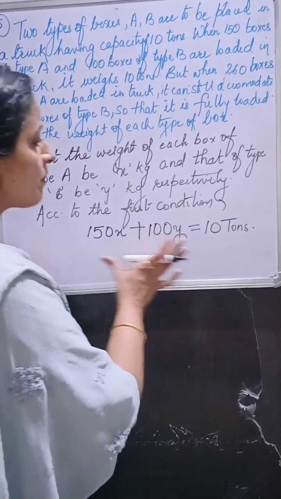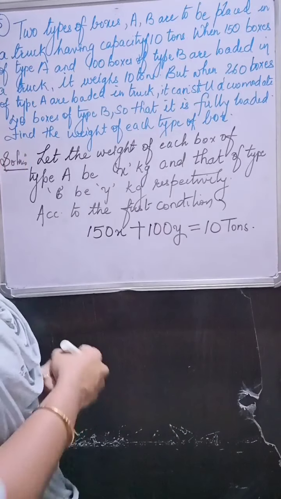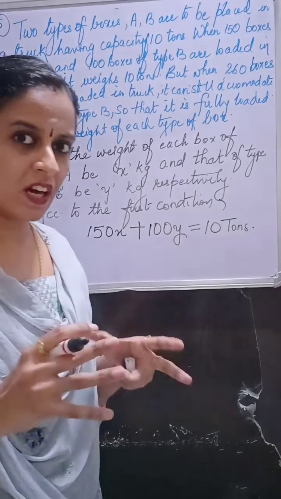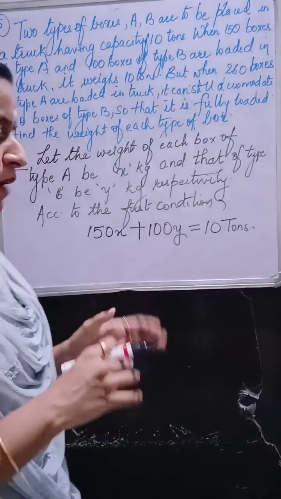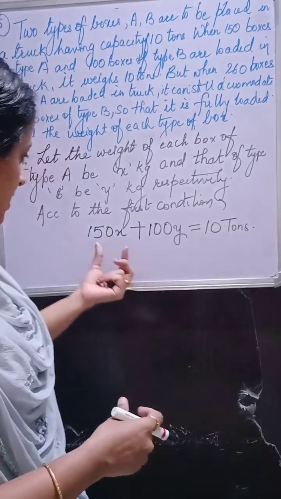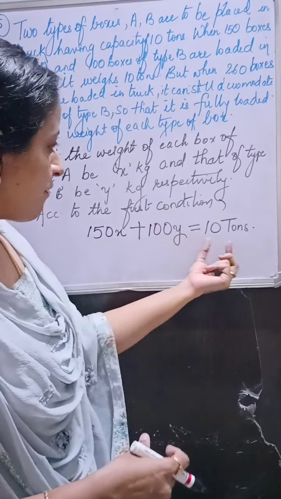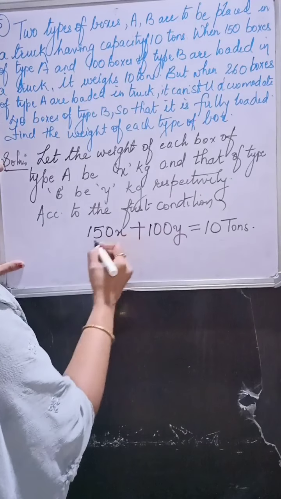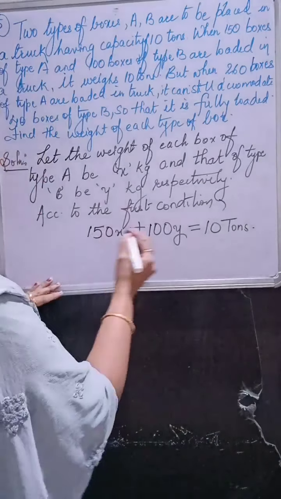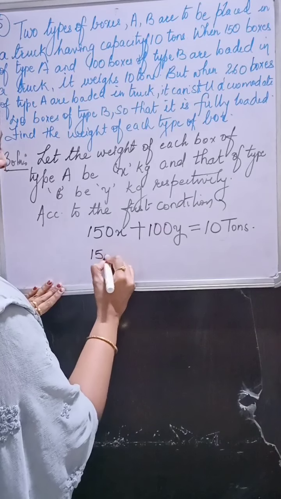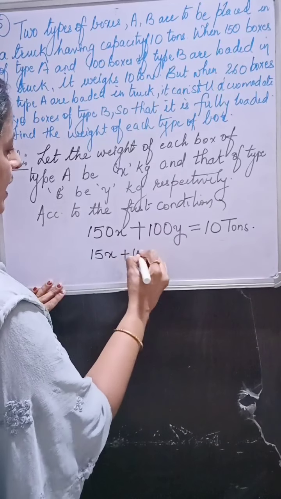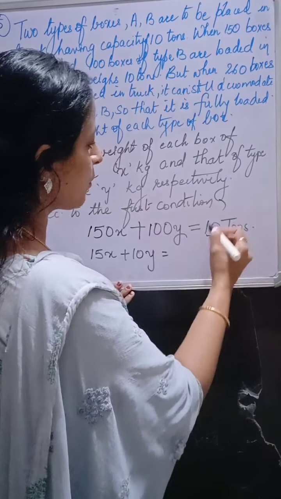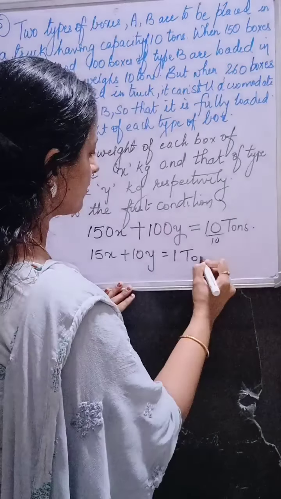Okay, so I got my first equation. I can see here 150, 110. All these are very heavy numbers. I want to reduce it to some simple numbers and I can see, yes, everywhere if I divide it by 10, if I take 10 common, I'll get 15x plus 10y is equal to, 10 common I took, so 10 upon 10 will be 1 ton.